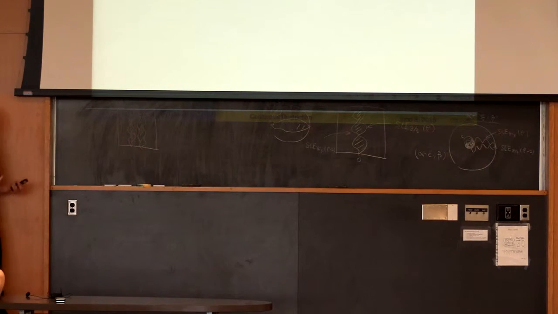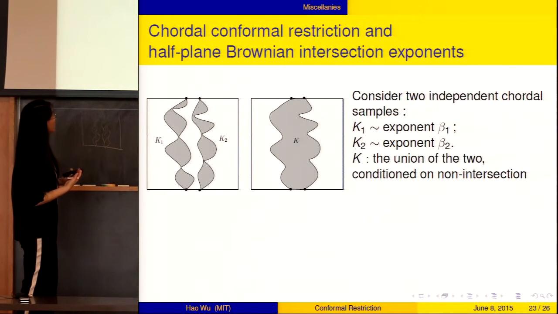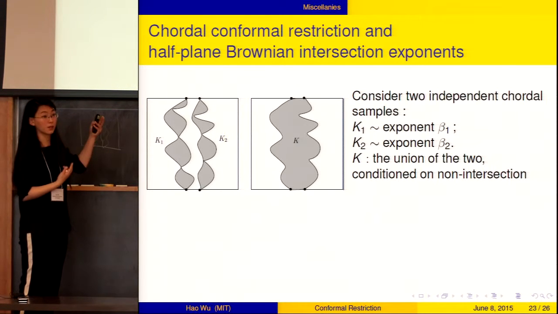If they are just two independent samples and we take the union of the two, of course the union will become a chordal restriction measure, and the exponent is just the summation of the two.